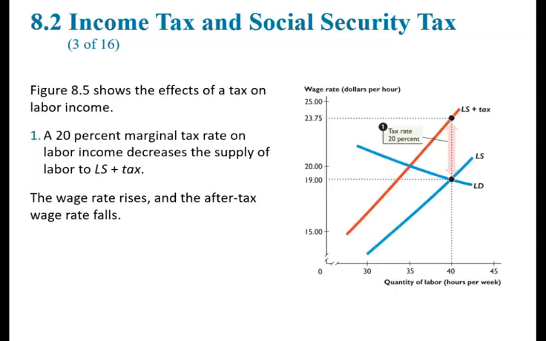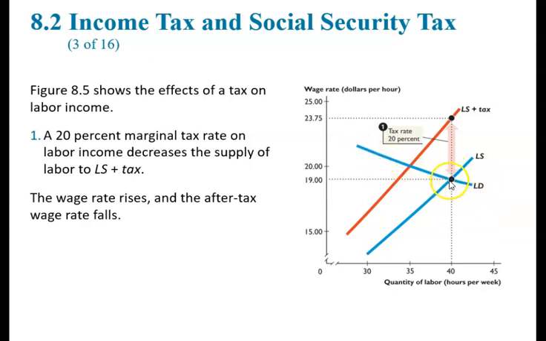So let's take a look at that with the help of a graphical example. This initial equilibrium is the equilibrium without any sort of tax on labor income. LS means the labor supply, LD means the labor demand.